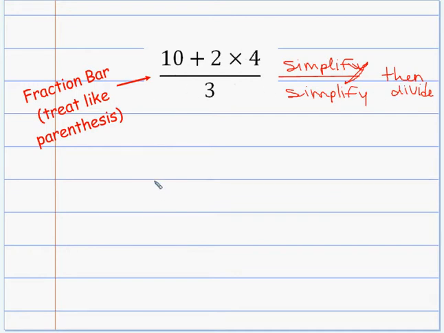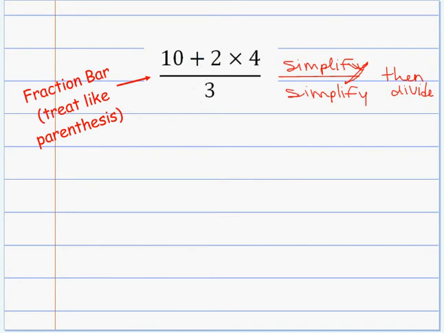So the biggest problem that I see when students work on these problems is that they remember that they have to simplify, so they write down part of the problem and then they forget that there's a divisor, or they forget there's a dividend, and then they get the problem wrong. So make sure that you're writing this whole thing down, so you don't lose track of part of the problem.